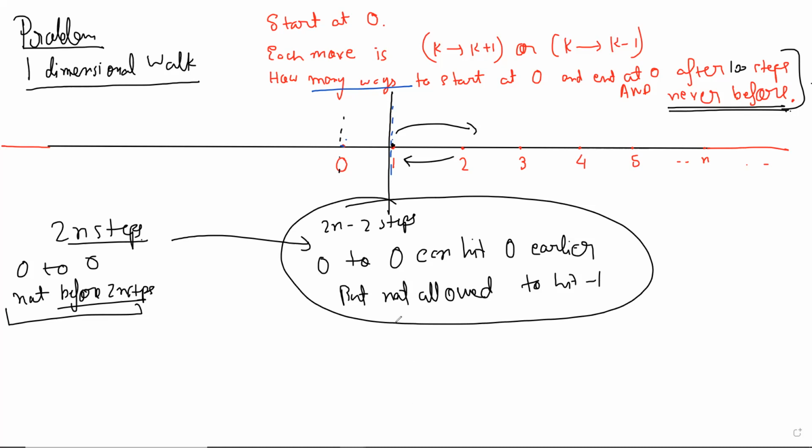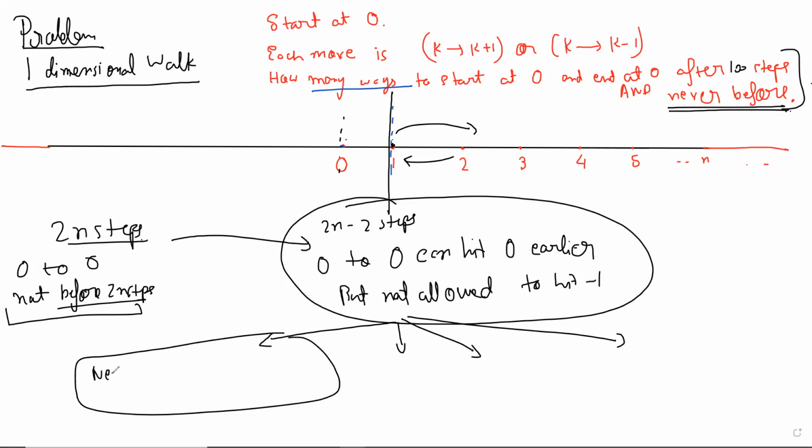Now this we can reduce to several cases, right? What was the first case? First kind of case, you never hit 0 earlier, and the other was like you hit 0 in the second step, or in the fourth step. It won't be third, it has to be fourth or sixth.